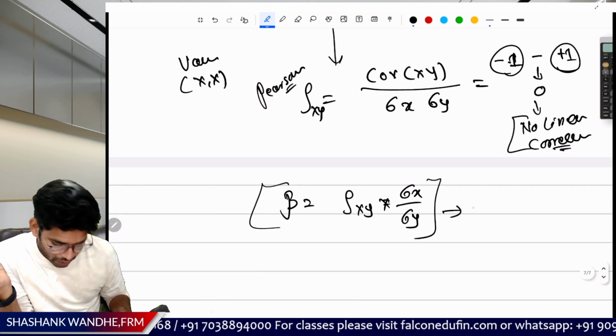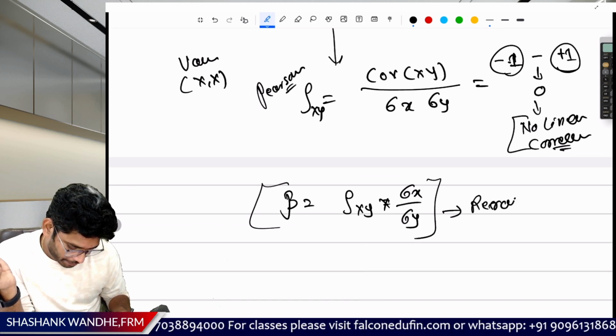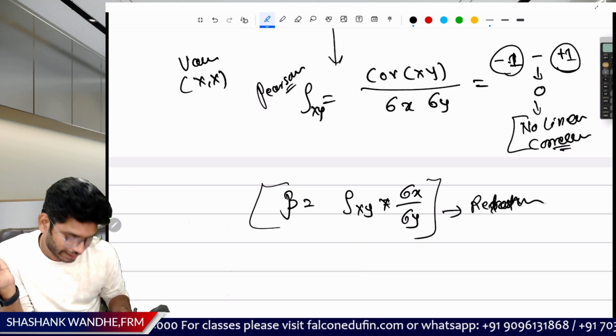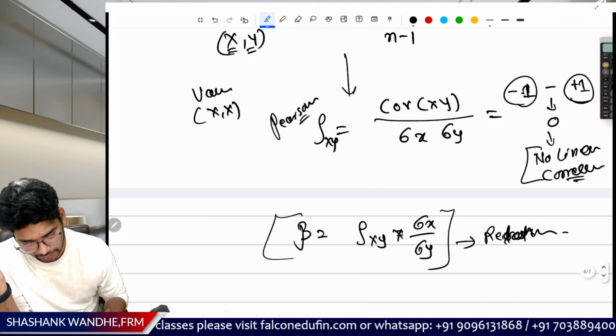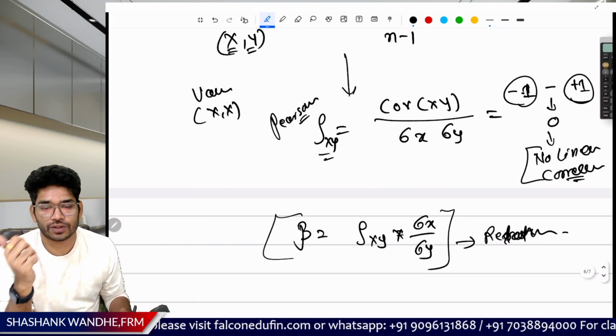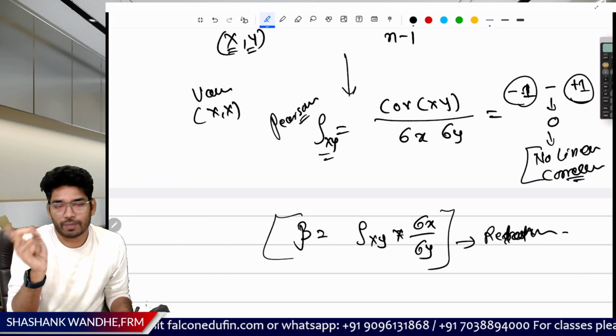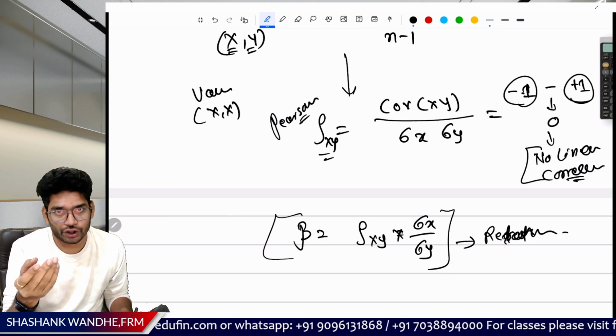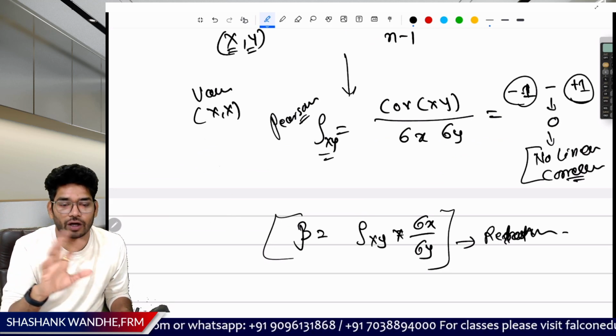Beta also shows the relationship, and correlation also shows the relationship. For correlation, there is a range, -1 to +1. But for beta, there is no range. Beta can be anything depending on the values.